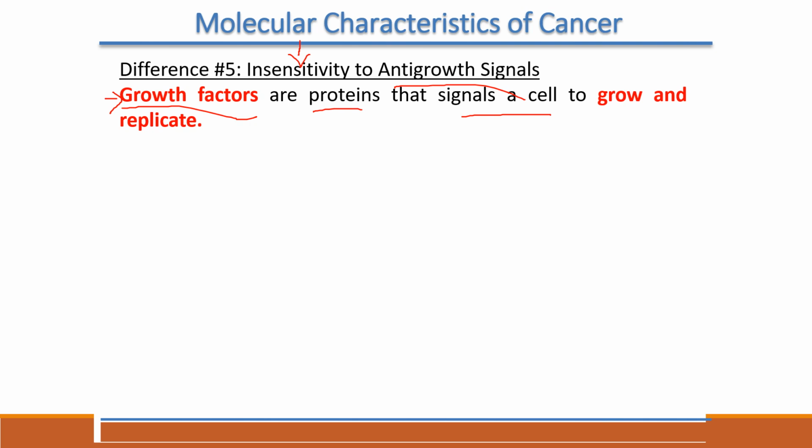A ligand is going to attach to a receptor that is going to start a cascade of events that is going to end up in a change in gene expression. And in this case, the change in gene expression will allow the cells to continue growing and replicating. Yeah. Sometimes you have signals that block these growth factors, and one example of that is this retinoblastoma or RB protein that you saw before.